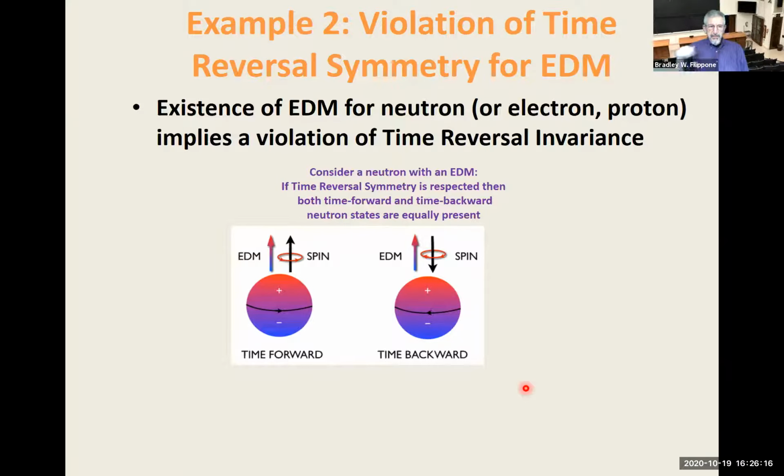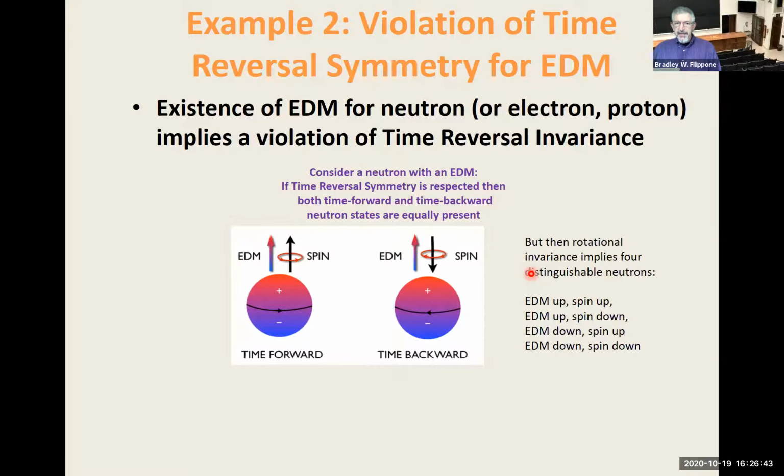If I reverse time and the EDM was a true vector, the EDM would stay the same, but the spin would flip. So the particles on the left and the right are different. One has EDM up and spin up, the other has EDM up and spin down. Now you can make it by just rotating your head and looking at it upside down.